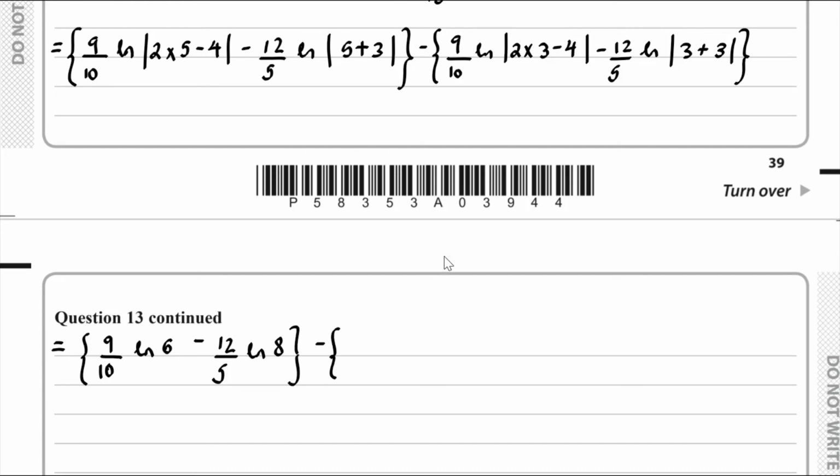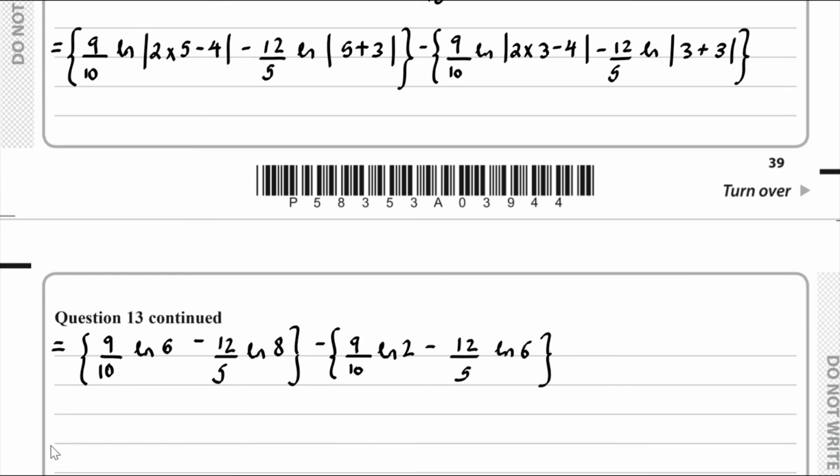And for our lower limit, we have 9 over 10 times the natural log of, well, we have 6 minus 4, which is 2, and then we have minus 12 over 5 times the natural log of 6.